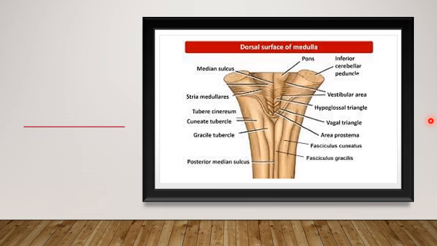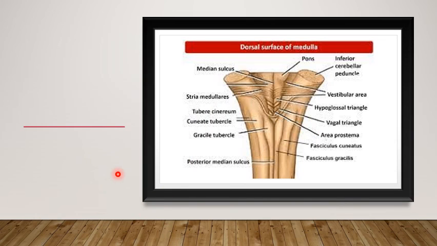What you have studied today about medulla, this medulla is a vital center. Why? Because here there is the respiratory center and also the cardiovascular center. In the respiratory center there are the medullary centers, in which we saw the dorsal respiratory group of neurons and ventral respiratory group of neurons, and we have seen pontine centers with pneumotaxic center and apneustic center. Cardiovascular center, the area located in the medulla, controls the rate and force of heart contraction and blood pressure. Okay, so these also you have to see.